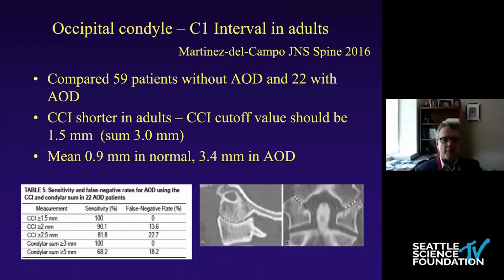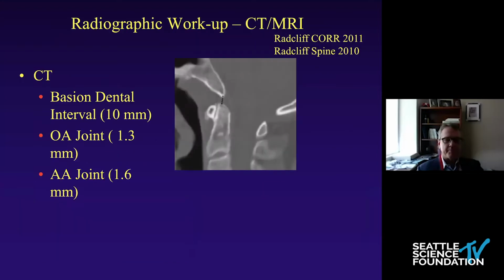But this number has actually been looked at in adults and found to be even shorter. So the CCI is shorter in adults with cutoff values of 1.5 in normal individuals. And as you can see here, when you look at a cutoff interval of 1.5 millimeters, the sensitivity of diagnosing an atlanto-occipital dislocation is 100%.